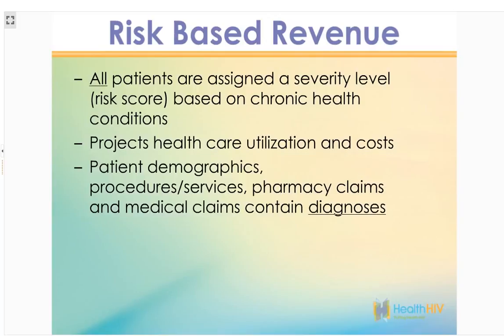Depending on the insurance plans that you participate in, and whether or not they are using the chronic risk-based model, all your patients are being assigned a risk score. And so if you are not reporting the diagnosis codes, you're impacting the risk scores of your patients, and you're ultimately impacting the revenue that your practice is going to receive.